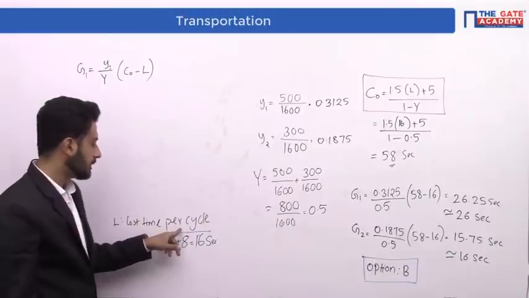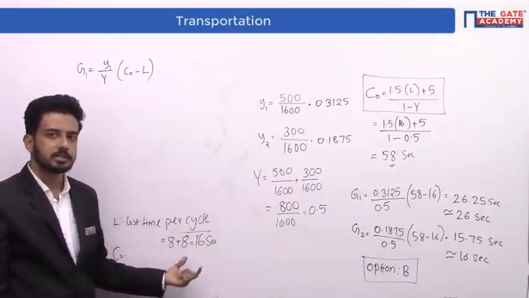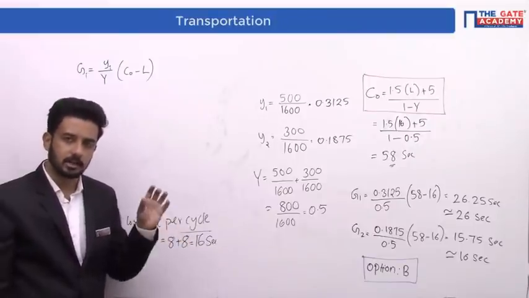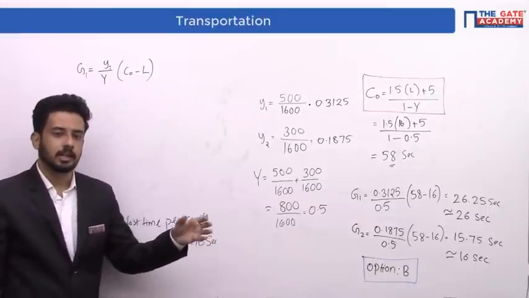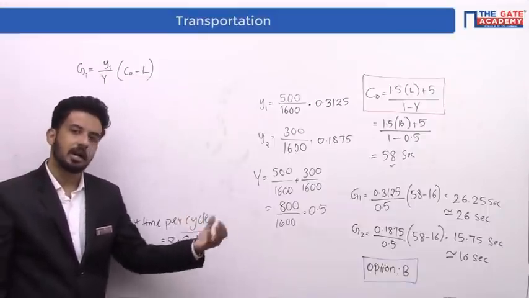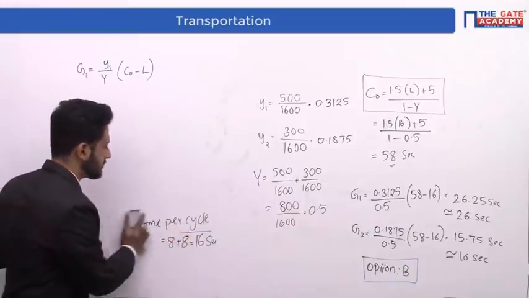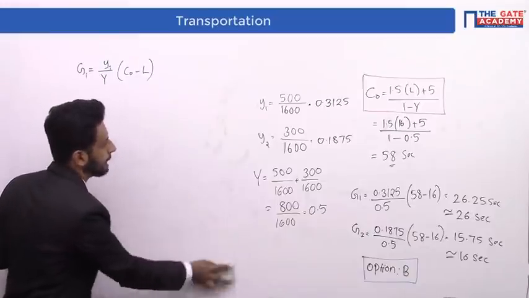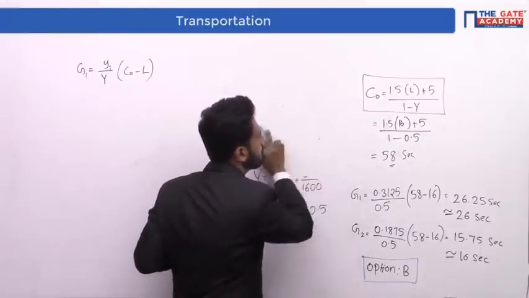One more important thing, lost time per cycle we have to find out. It is not per phase. So you should read the question very carefully. If they are giving the lost time per phase, we have to convert it into lost time per cycle and substitute for capital L.